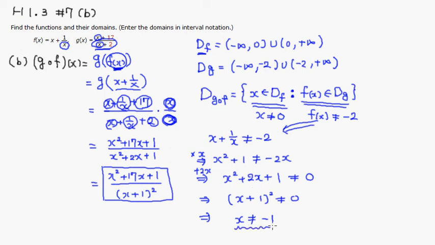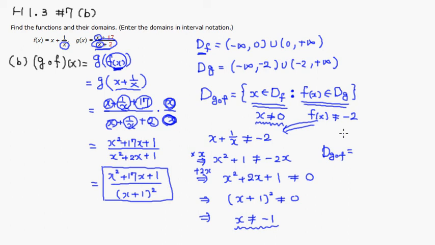So this boiled down to x cannot be equal to -1, and we originally had x cannot be equal to 0. So the domain of g of f is all real numbers except for 0 and -1.